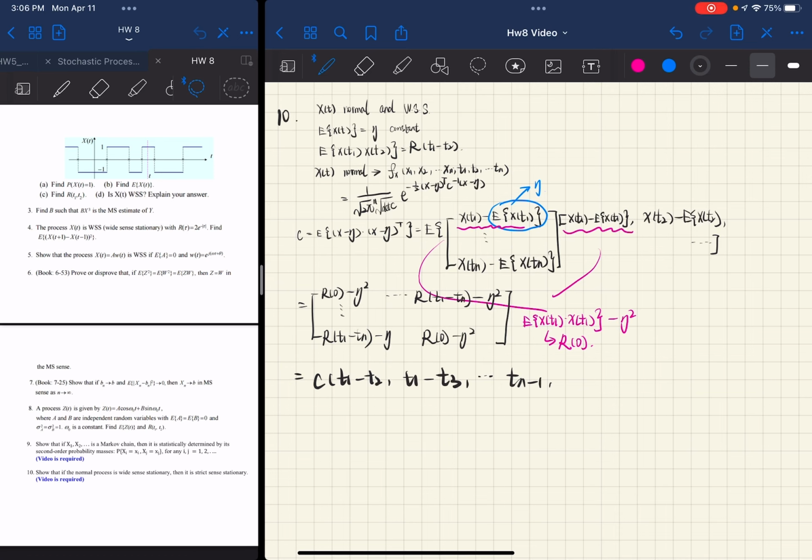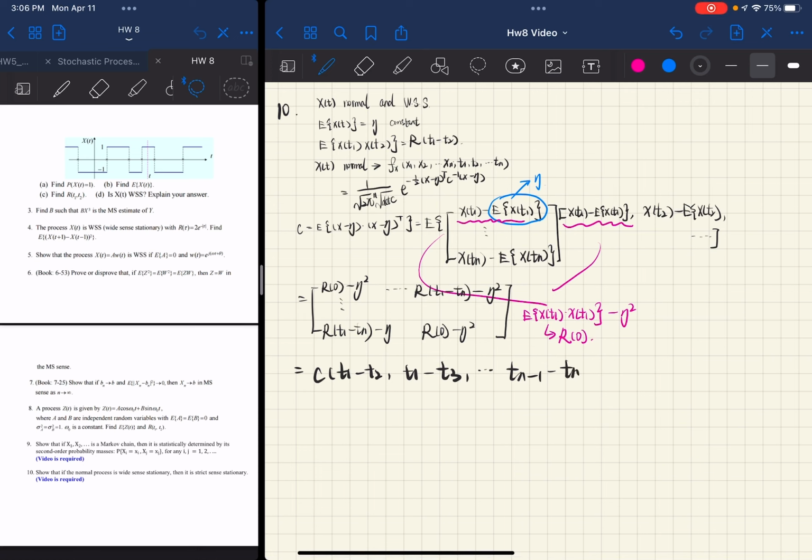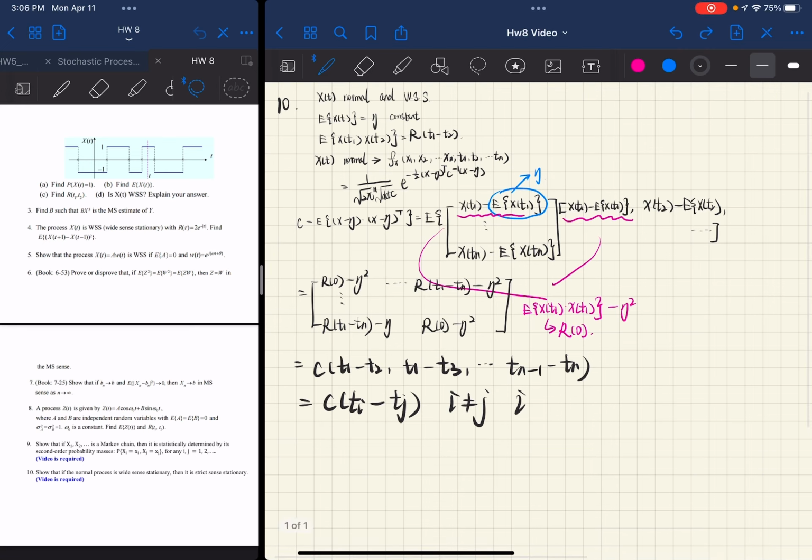So in general form, it can be written as R(ti minus tj), where i is not equal to j, and i and j are from 0 to n.